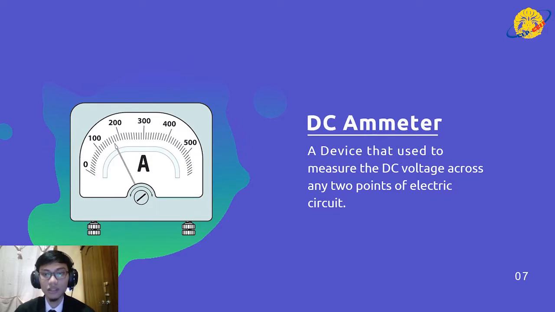And the next one is the ammeter, or ampere meter. From the name, this device is used for measuring current in amperes. In this case we use a DC ammeter.